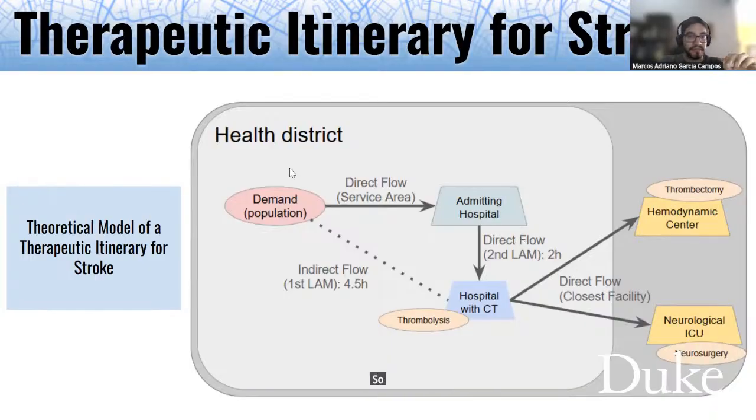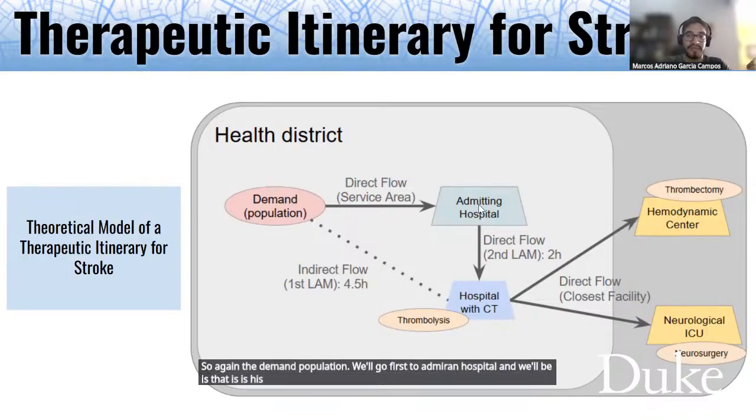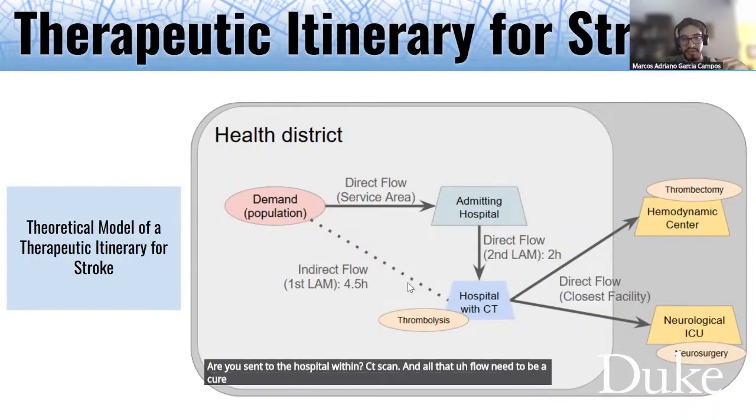So again, the demand population will go first to the admitting hospital and be asked: is this patient suspected of stroke? Yes, I will send them to the hospital with CT scan, and all that flow needs to occur in 4.5 hours to receive the correct treatment.